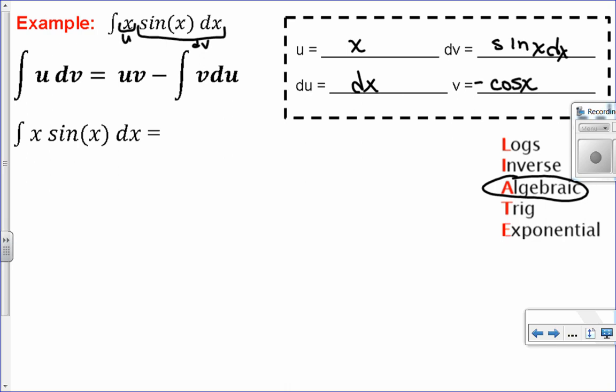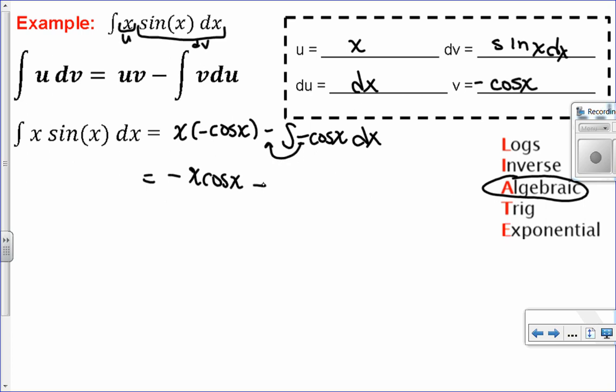So this means the integral of x sine x dx is going to be u times v minus the integral of v du. So this will be negative x cos x, and then taking this negative out here, with that other negative is a positive, the integral of cos x dx.